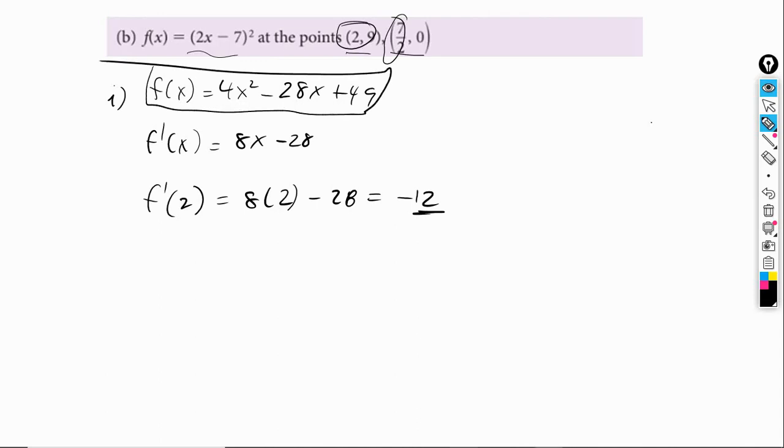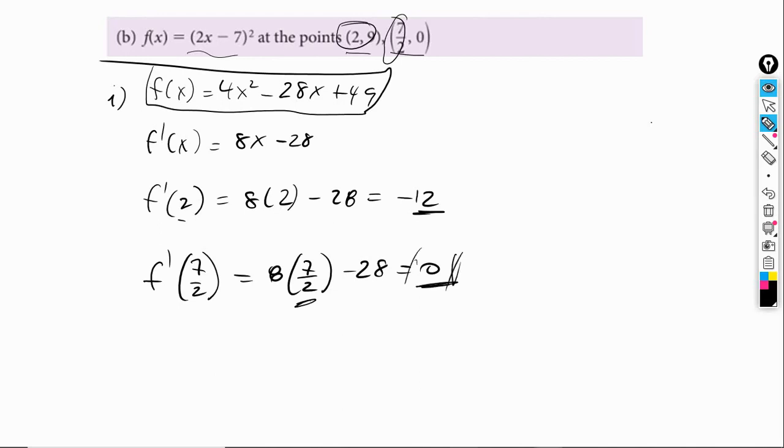That's the gradient of the tangent at that point. So for the other one, the value would be 7/2. So let's do the derivative and plug in 7/2. That's going to be 8 times 7/2 minus 28. And this will give 0. Okay, so it means that the tangent of the graph at x equals 7/2 is 0. So we're going to discover whether this is a maximum or a minimum at x equals 7/2.